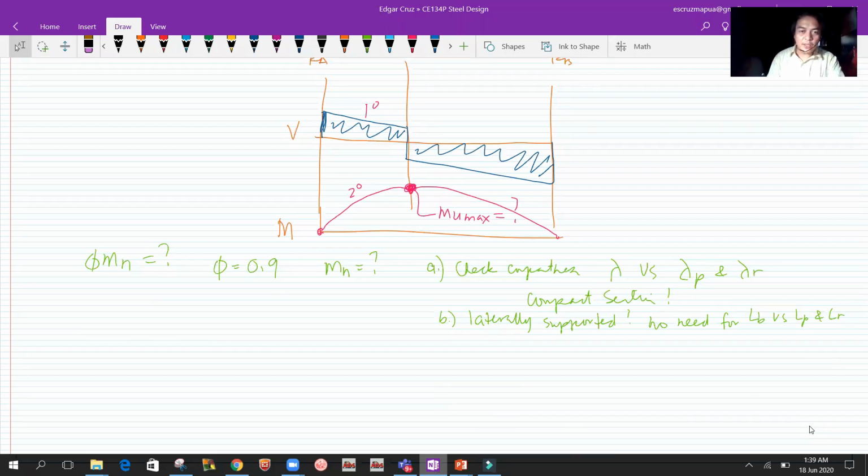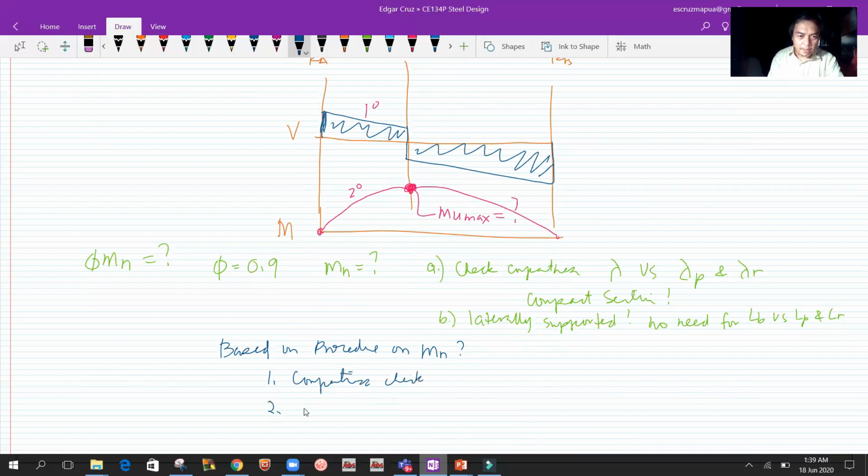kung pupunta ka doon sa step, sa procedure, okay, so based on procedure on determination of MN, it will fall under, so yung, diba yung step 1, compactness check. Okay? Tapos yung case 2 is for compact section.